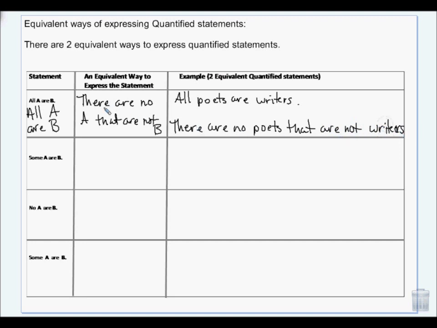Okay. This one is some A are B. So another way to write that is there exists at least one A that is B. And that's all it takes.